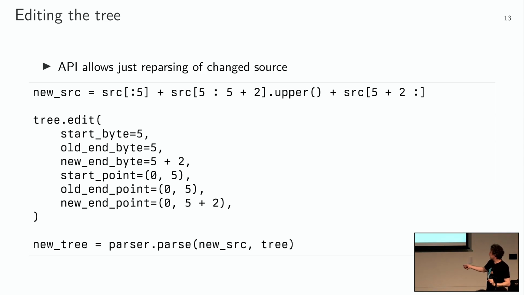And then when we give it the new modified source, and we tell the parser to parse it, we give it the old tree. And because we've given TreeSitter the information about which part of the tree has changed, it only has to go and reparse just that bit of the tree that's changed. So it's not having to reparse the entire file every time we make one character changes.